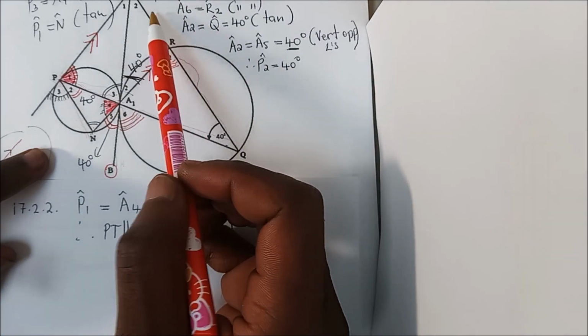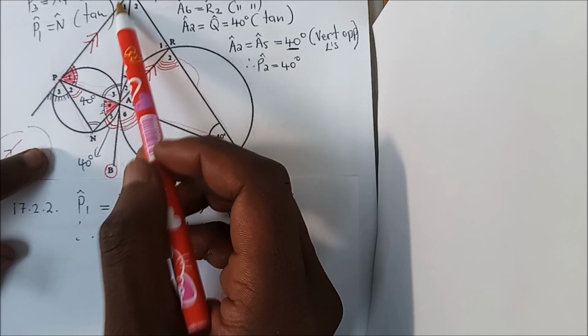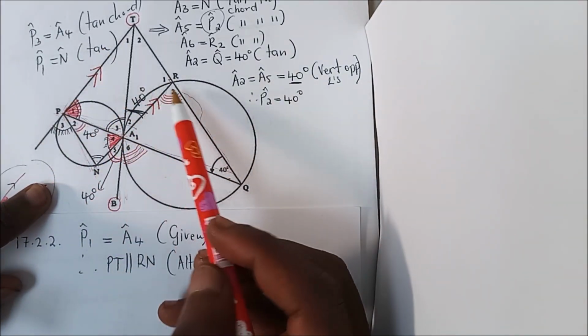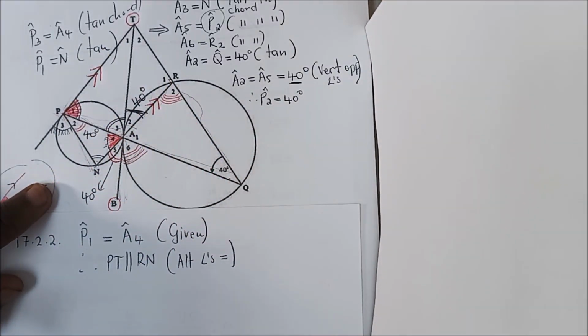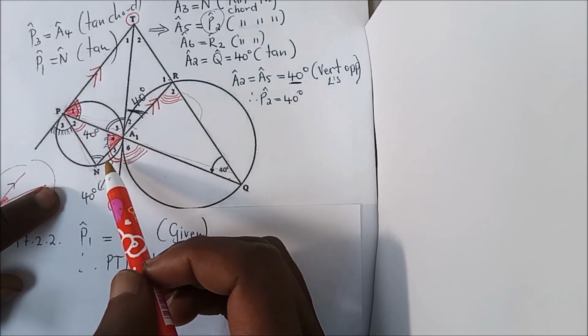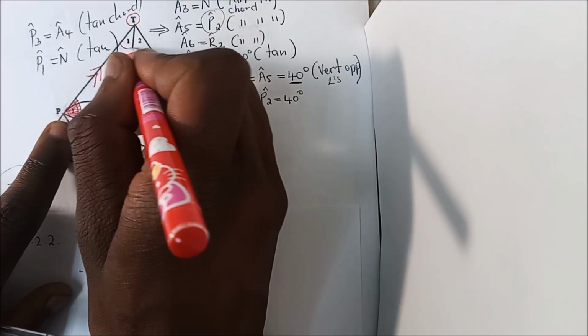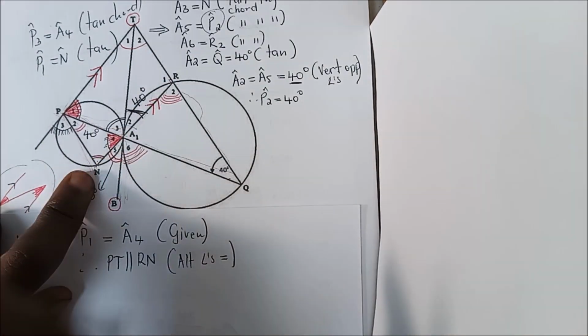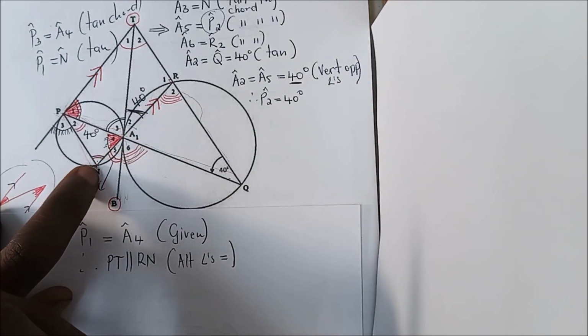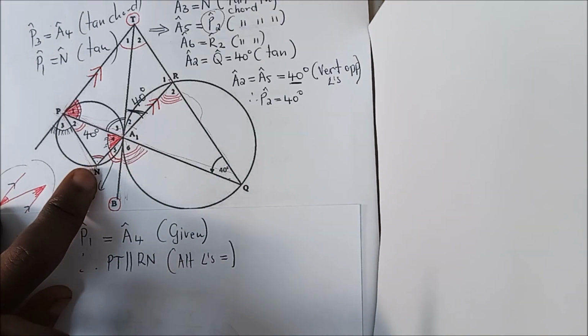If PT and NR are parallel, are you aware that we can prove that angle T is equal to angle N? Why is it possible for us to prove that? Simply because we know that if the opposite angles are equal, then the figure has to be a parallelogram.